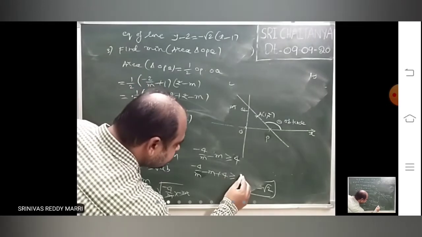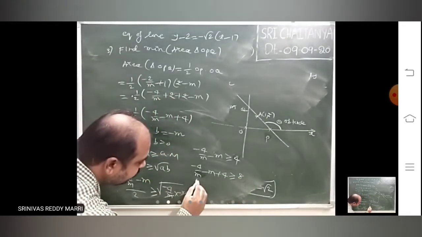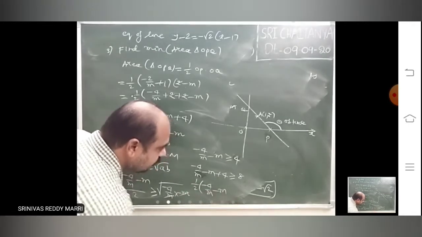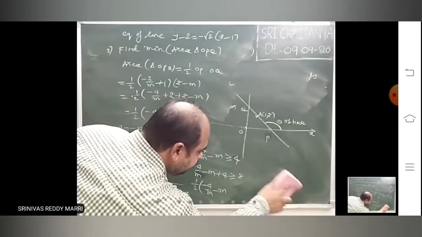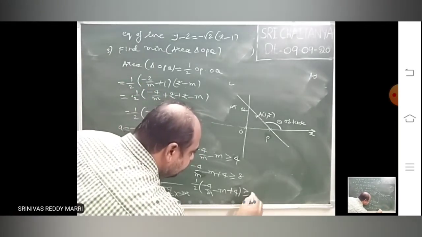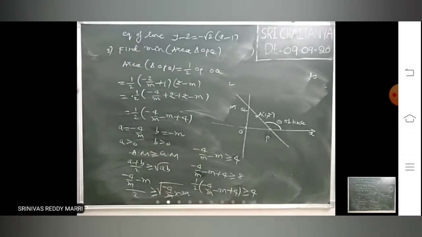Add. So this you will get 4 means 8. Now multiply with 1 by 2 on both sides. You will get 8 by 2, that means 4.